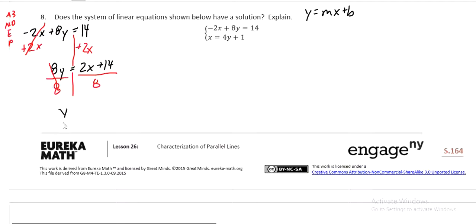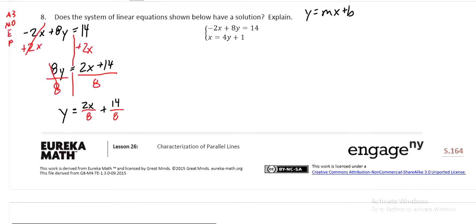We'll be left with y equals, and then we have 2x over 8 and 14 over 8. You can write this as the first term divided by 8, put the symbol that's between the terms on top, so plus, and 14 also being divided by 8.